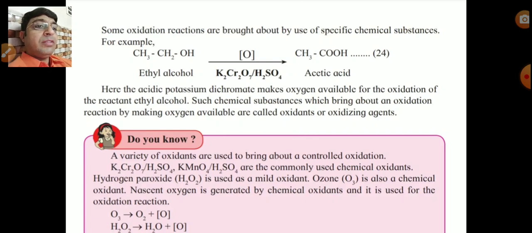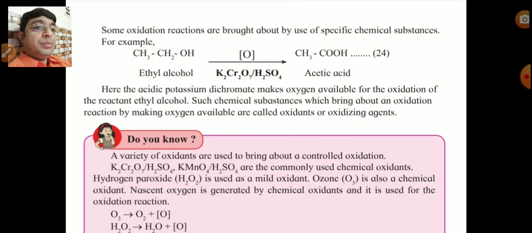So what is the remaining? One more product is there, I think, plus hydrogen, that you write down there. Check whether the reaction is balanced or not. Nascent oxygen is added to ethyl alcohol, so a COOH group is formed plus hydrogen gas is released. So write down there plus H2.